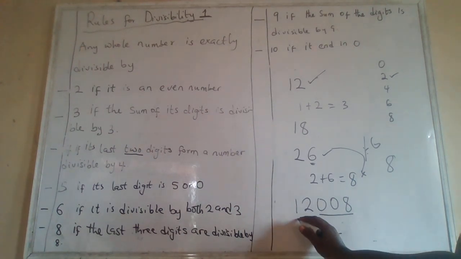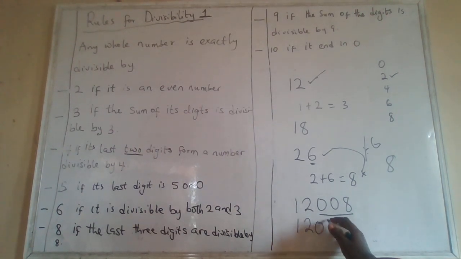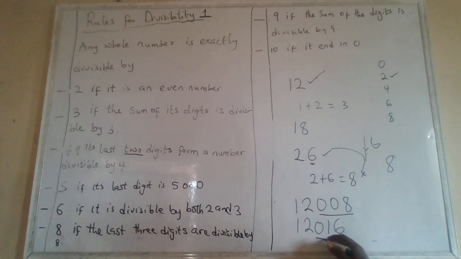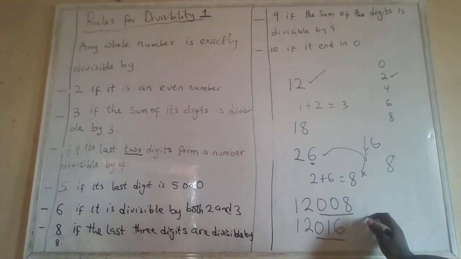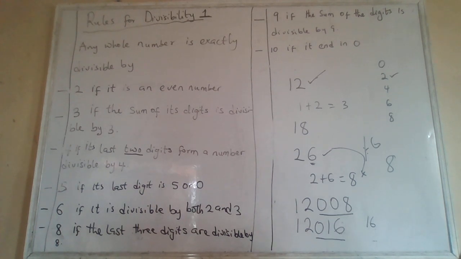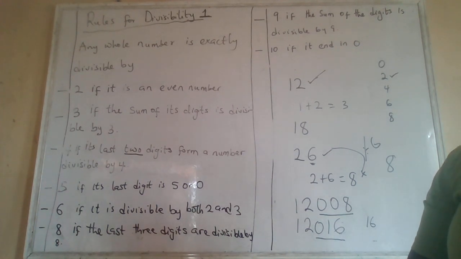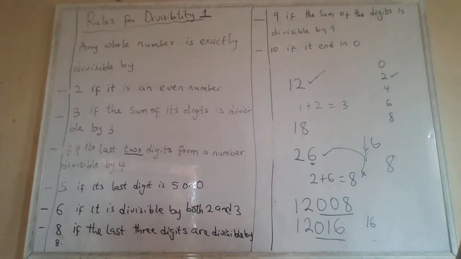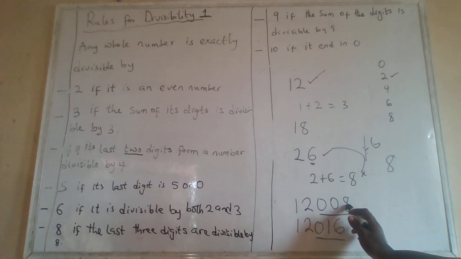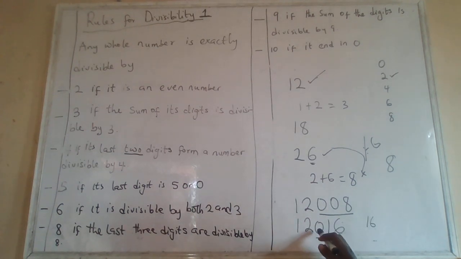If I have 12016, observe these last 3 digits are 016, and 16 can be divided by 8, and so on. Observe that 8 and 4 are similar: while 4 looks at the last 2 digits, 8 is looking at the last 3 digits.